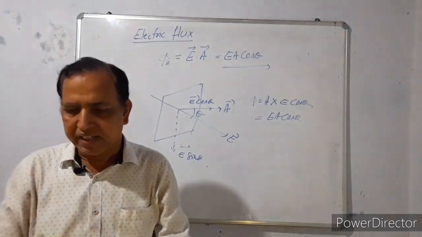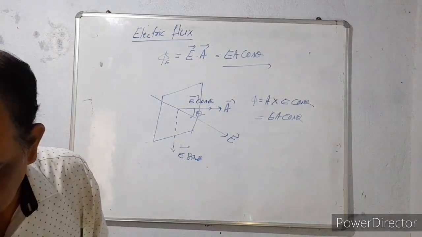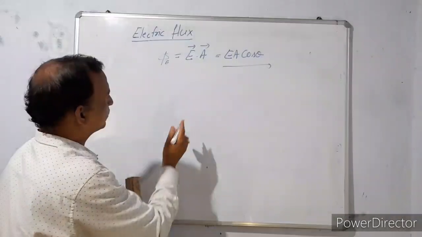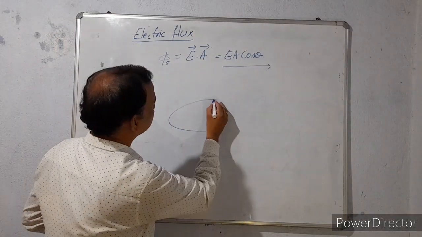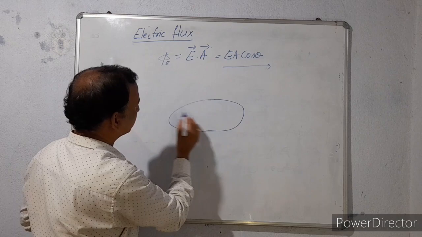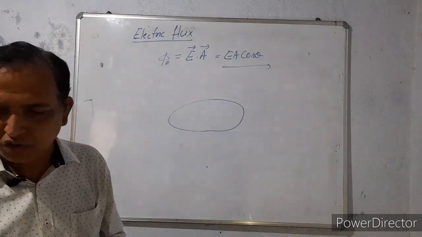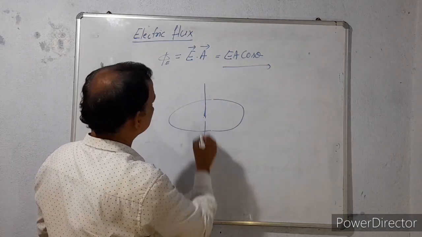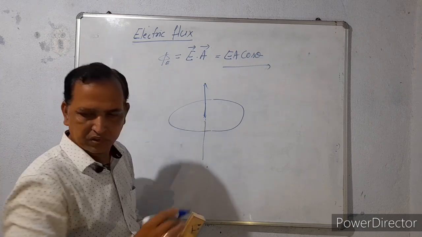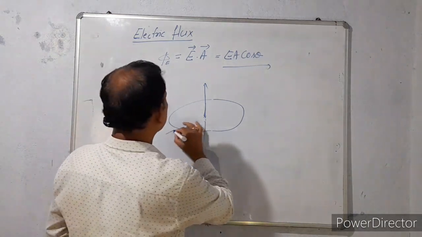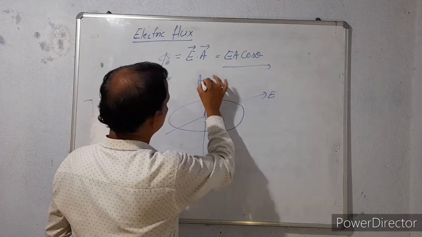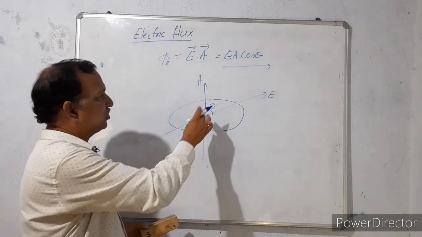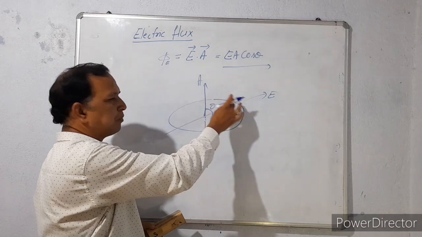Suppose in case of a circular plane, this is the area, and electric field is like this. This is the angle between them, E and A. So in this case, the angle between E and A, these two are not perpendicular.